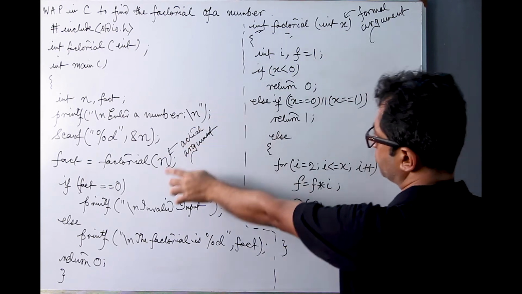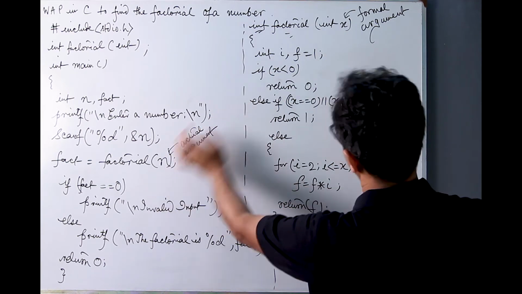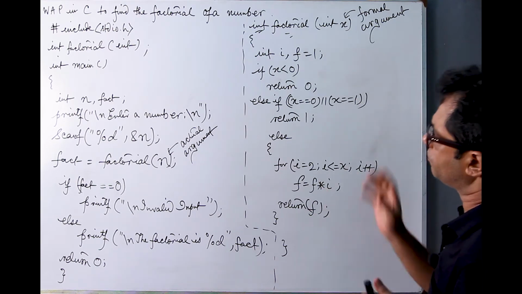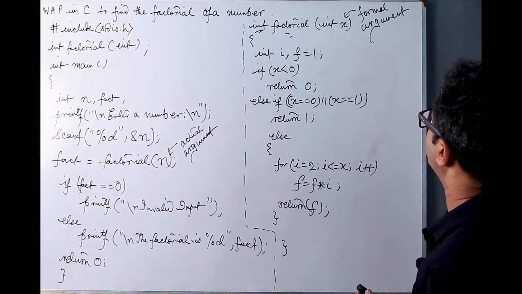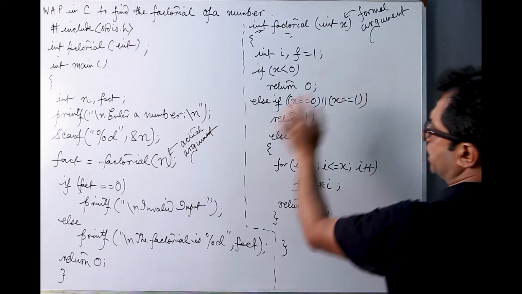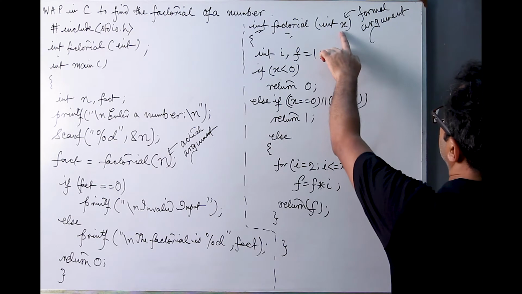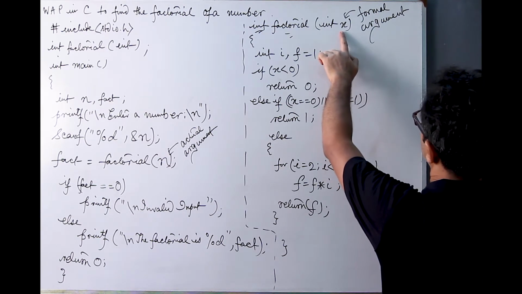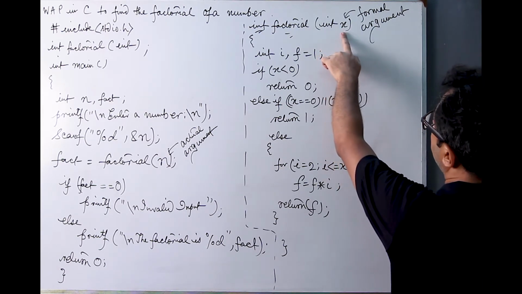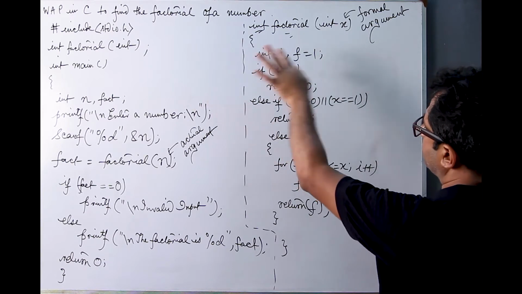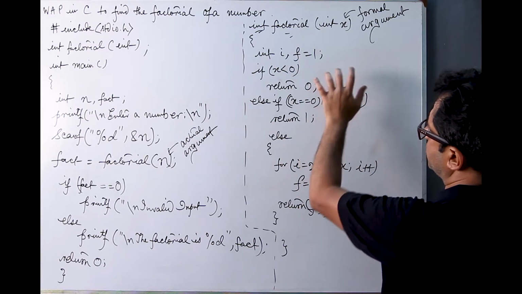Please don't mix them, because n and x are totally different variables, as they are local to the scope of the function in which they are defined. The value of n will be copied into the variable x, the formal argument, and this x will act as the number which is supplied by the user in this function definition.